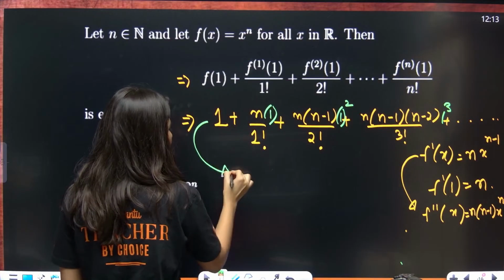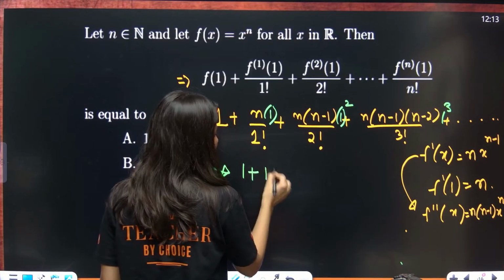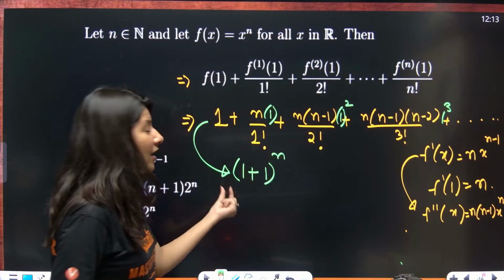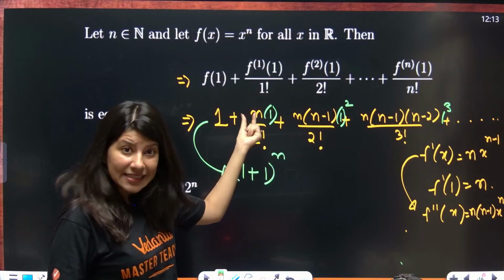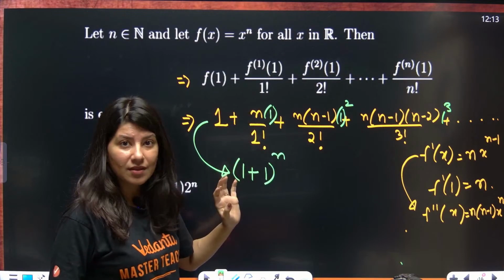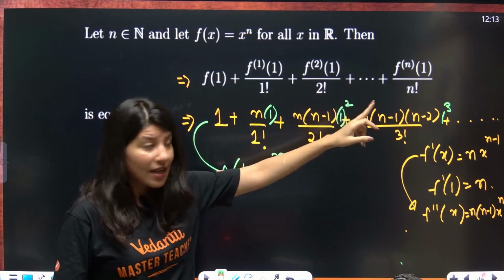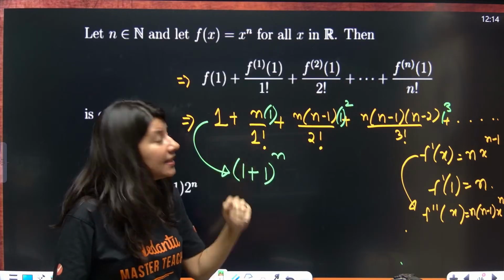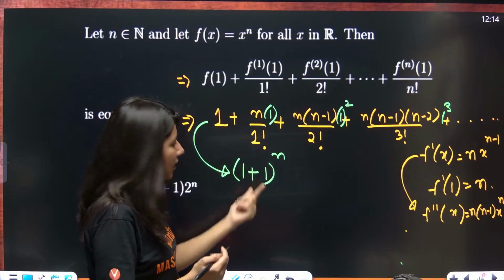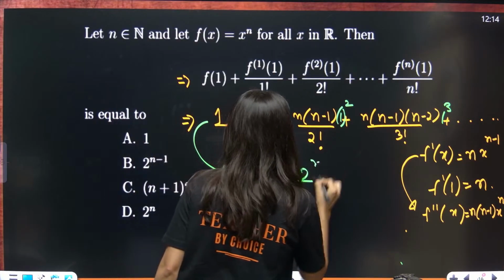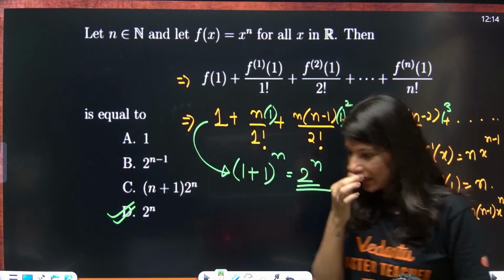Don't you think this is a binomial expansion of 1 plus x, raised to power n? 1 plus x raised to power n is 1 plus nC1 into x plus nC2 into x square, nC3 x cube, and finally nCn x raised to power n, which is nothing but 1 plus x raised to power n. Here x is 1. So finally you are going to get 2 raised to power n as the final answer. Everybody getting it?